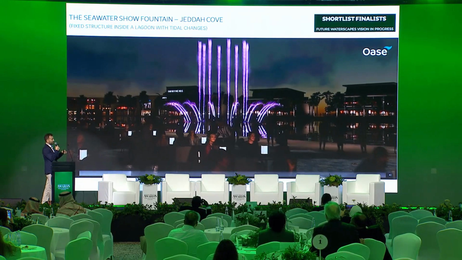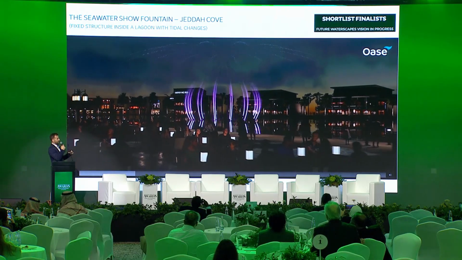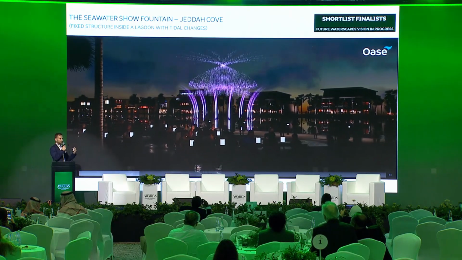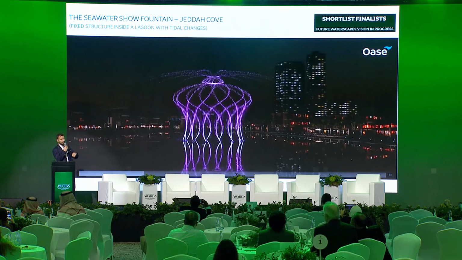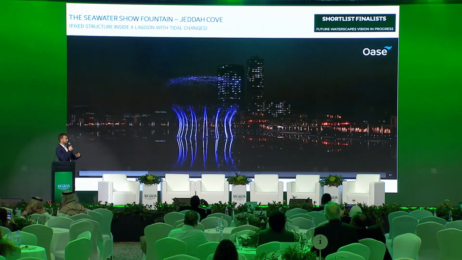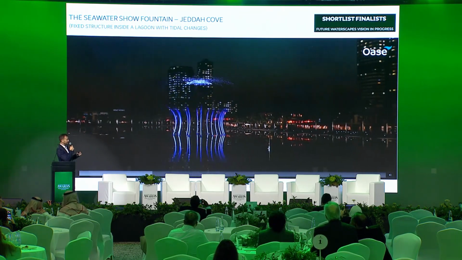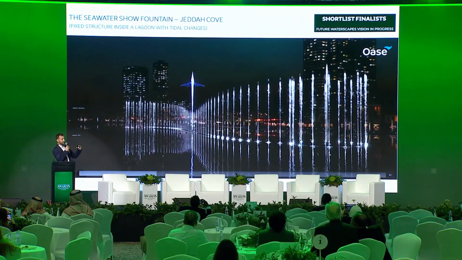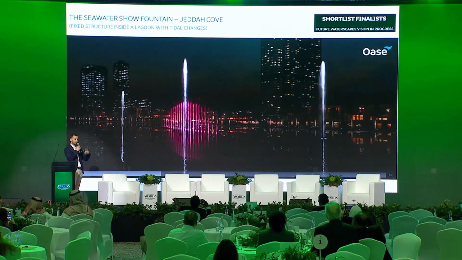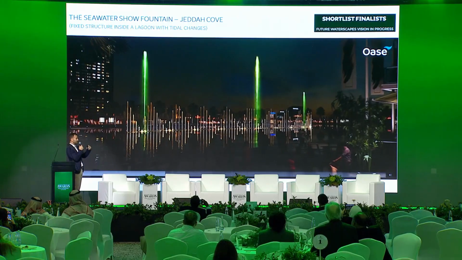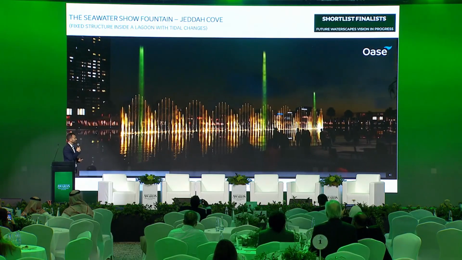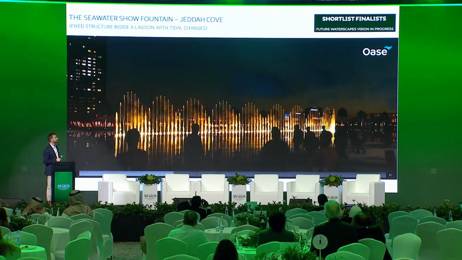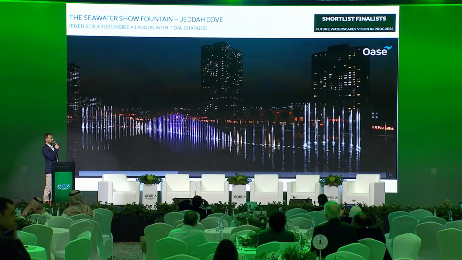So we have a kind of catwalk, a fixed structure inside, but with a pool with an overflowing effect. So we can keep the water feature fixed for the water fountain equipment itself, whereas the lagoon water level goes down and up with the tidal changes. This is currently under construction.